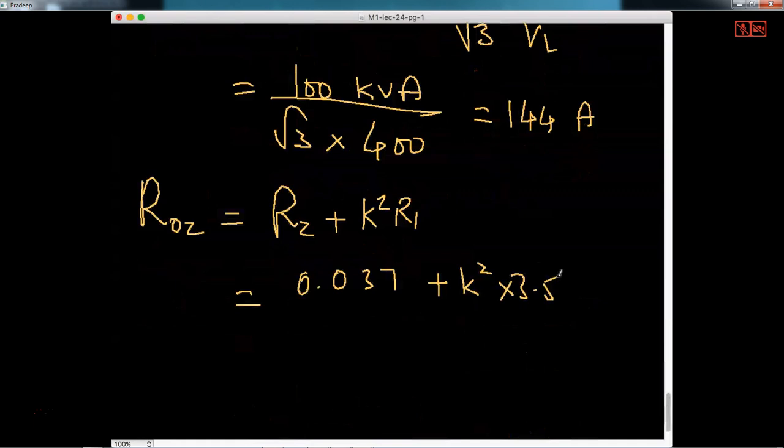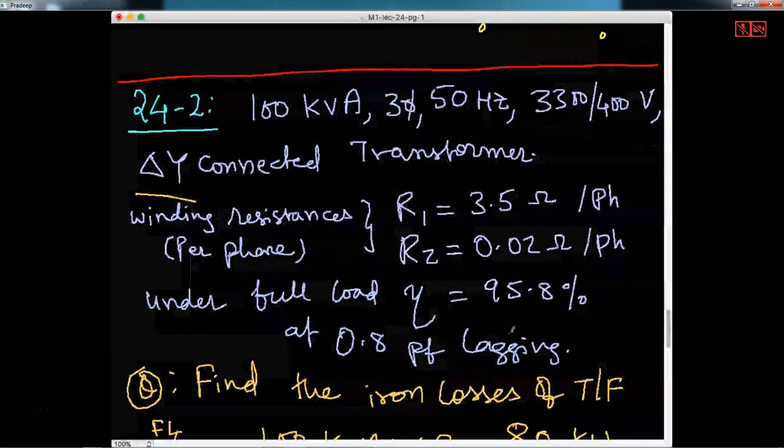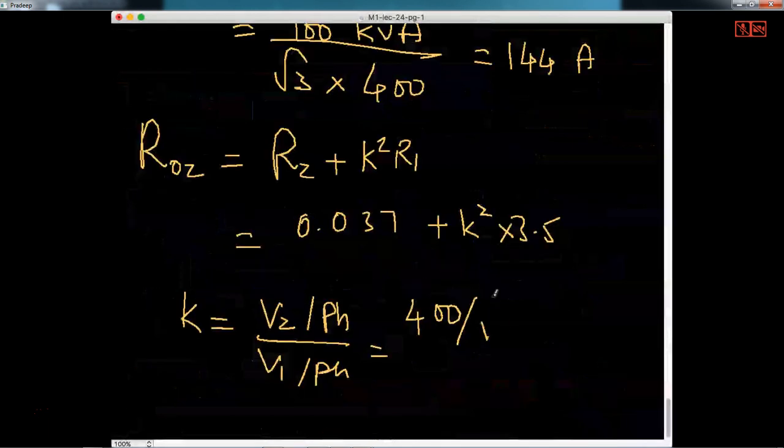So where do I get this 400? This 400 I got from the question itself, that the rating is here, and it is delta star connected. Because the secondary is star connected, the phase voltage will be 400 by square root of 3, divided by V1 phase, that is 33,000.